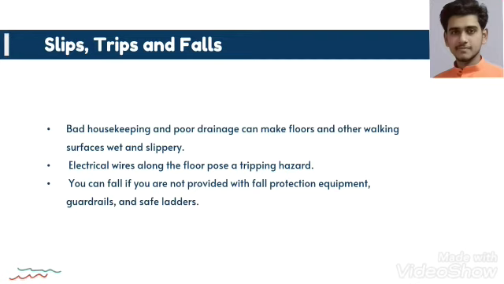Bad housekeeping and poor drainage can make the floors and other walking surfaces wet and slippery. Another example, electrical wires along the floor pose a tripping hazard, and you can also fall if you are not provided with fall protection equipment, guardrails, and safe ladders. These are some examples of slips, trips, and falls.